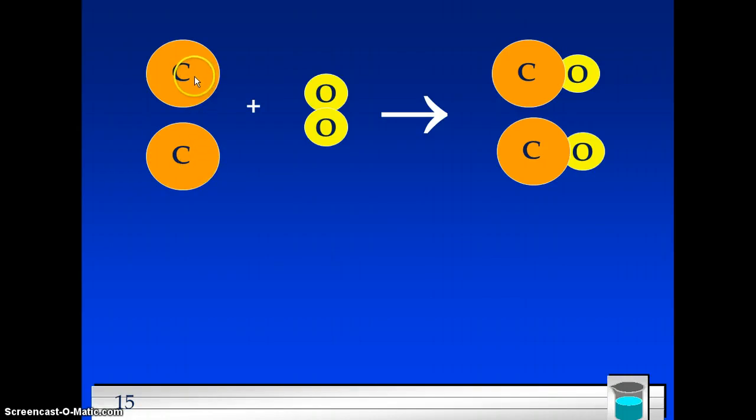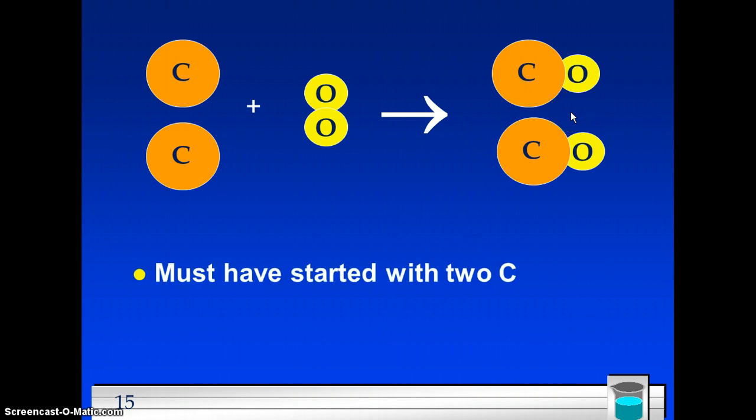All we did is go, okay, I need two carbons to go with these two oxygens to make two different molecules of C and O. So in this case, we must have started with two carbons. Our balanced chemical equation looks like this: two carbons plus oxygen will yield two carbon monoxides.